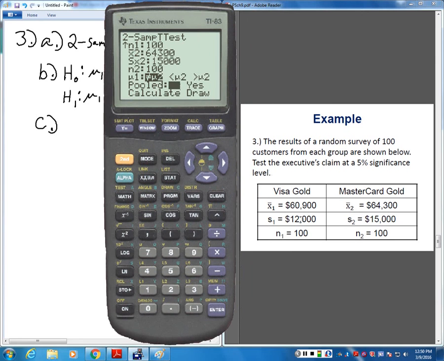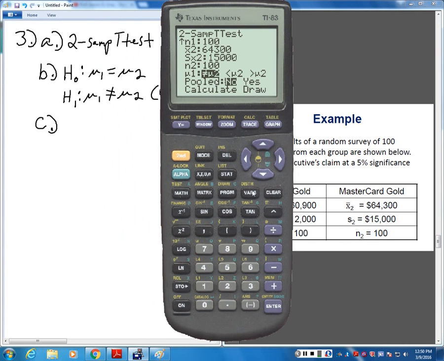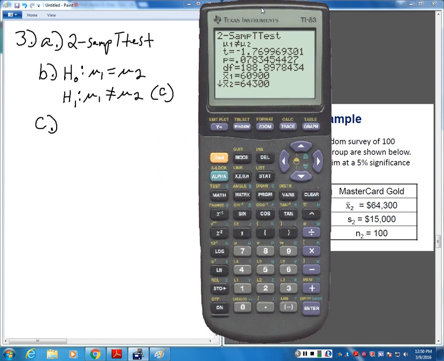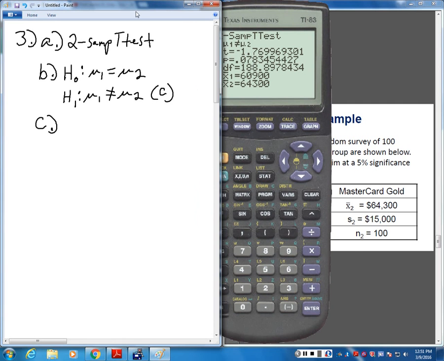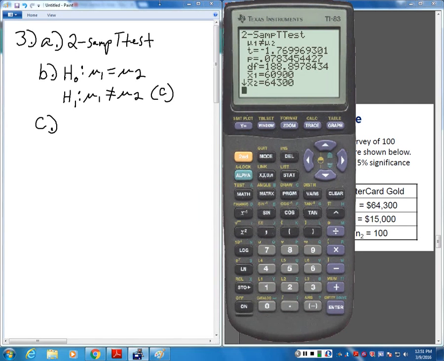The sample standard deviations are pretty different, and I don't have a reason to believe that the population standard deviations are the same, so I will not pool and answer no. When I calculate, I get the t-score, test statistic, and right underneath I have the p-value, or the probability of this sample data occurring under the assumption that the null hypothesis is true.